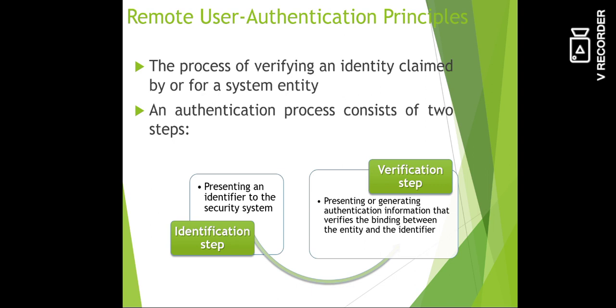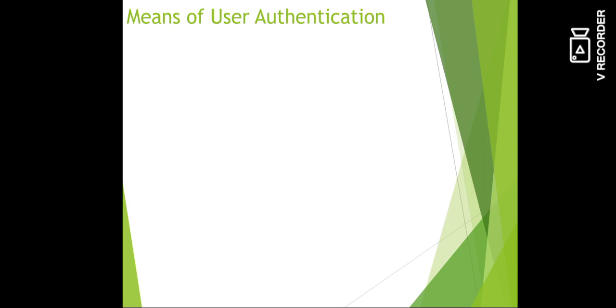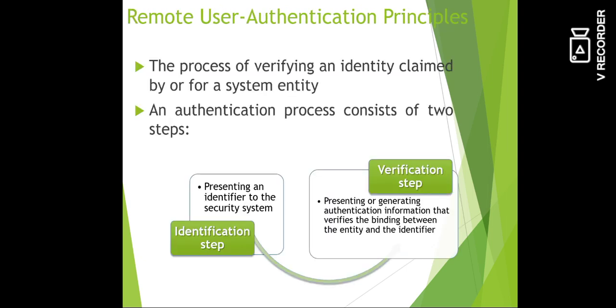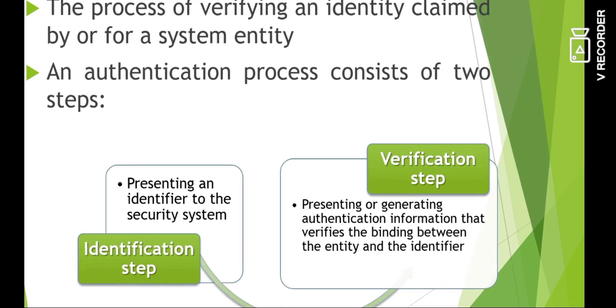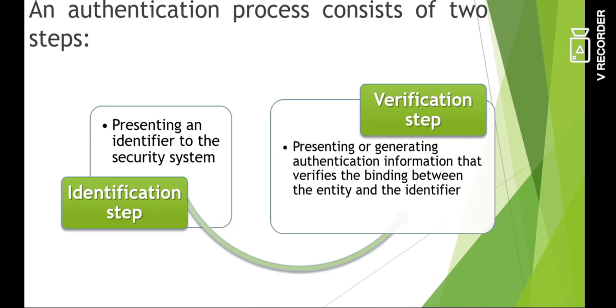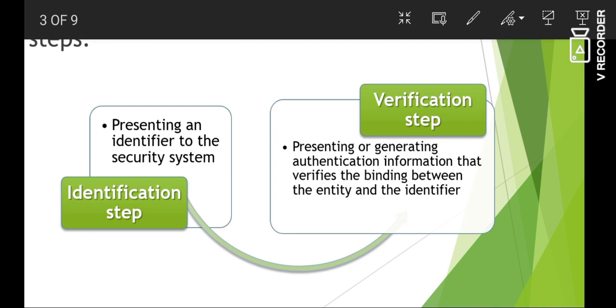The authentication process usually consists of two steps: the identification step and the verification step. In the identification step, we present the identifier to the security system.